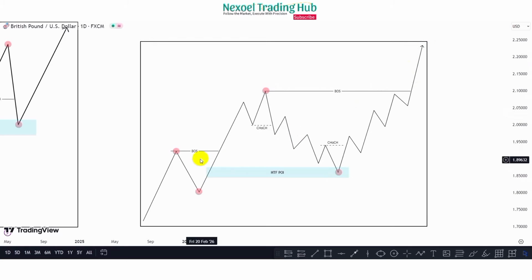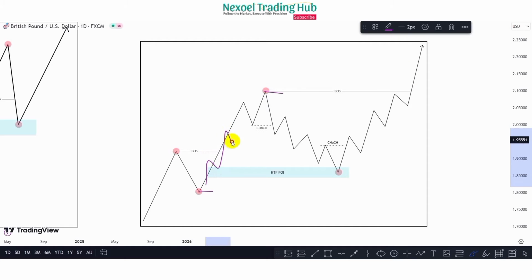So what you're going to see is that we have the break of structure here. So meaning our external range liquidity is actually from this swing low to this swing high here. Now within the lower time frame, definitely within this expansive leg move, we're going to have this bullish market condition.